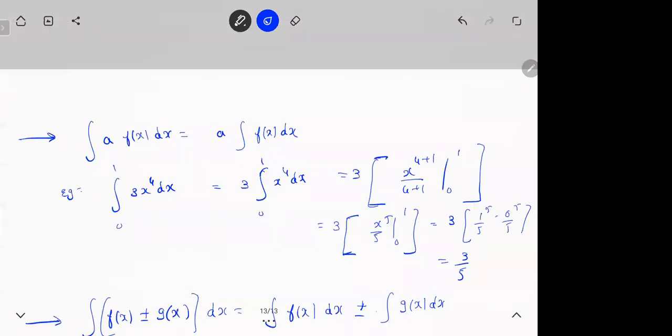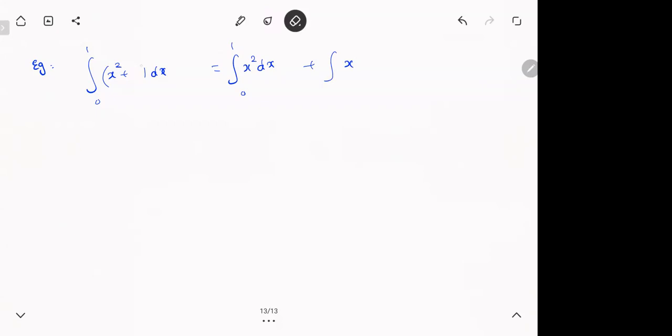The example, integral x square plus x dx. Integral x square dx from 0 to 1 plus integral x dx. I'll do one thing, let this be 1.